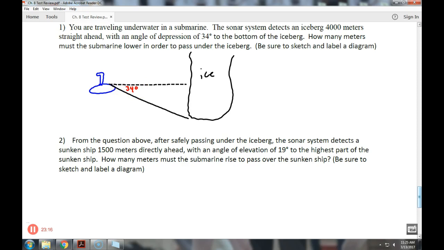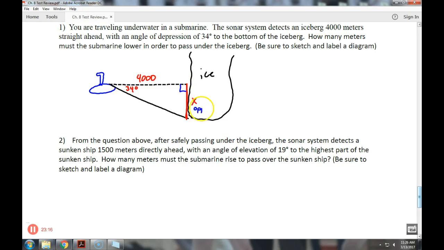and I need to know how many meters do I have to go lower to get under it. So basically I'm trying to figure out this right here. I'm trying to figure out x, and it says the sonar detects the iceberg 4,000 meters straight ahead, so 4,000 is right here. So there's my triangle. I believe that I can use tangent for this problem. This should be my 90 degrees angle.